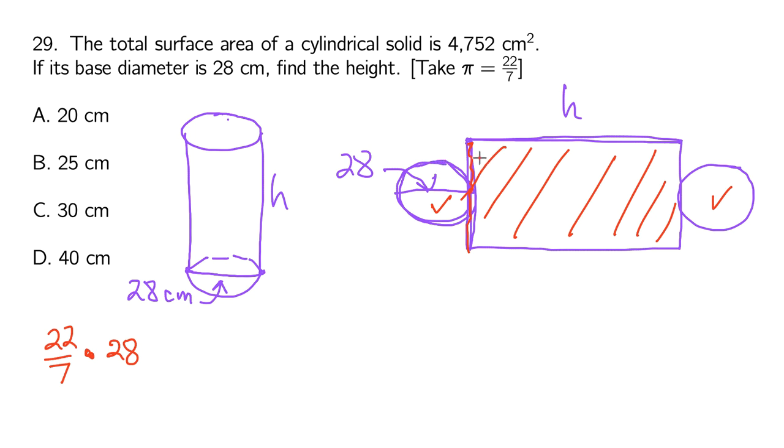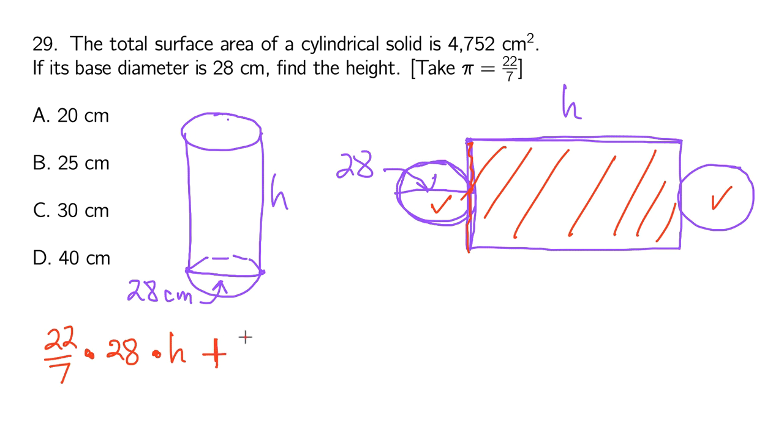If you multiply that by the height, so this times h, that gives you the area of this rectangle. And then you also want to add the areas of these two circles, this one and that one. You can use pi d squared over 4 or pi r squared.